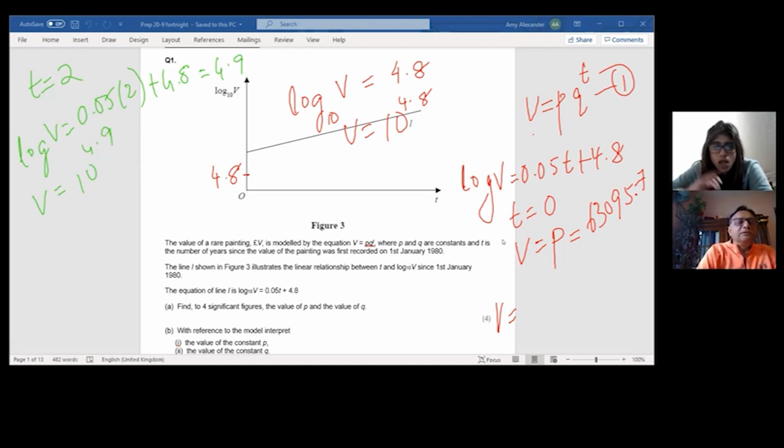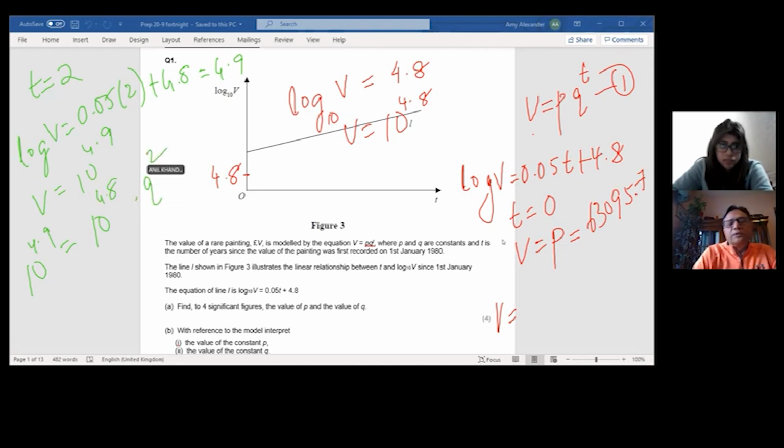So you can put this value here: 10 to the power of 4.9 equals, P is already known to you, 10 to the power of 4.8, times Q squared, because we put T as 2.